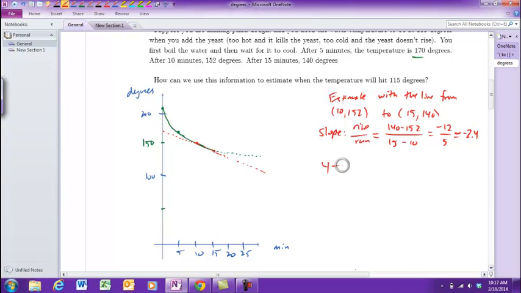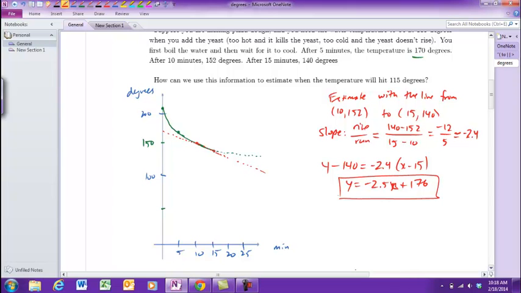That's y minus y1, and I can choose either one of these as my x1, y1 for this. I'll choose the second one. So that's y minus 140 equals m, negative 2.4, times x minus x1, which is 15 because I'm using the point (15, 140). And this comes out to being y equals negative 2.4x plus 36, plus another 140 is plus 176.